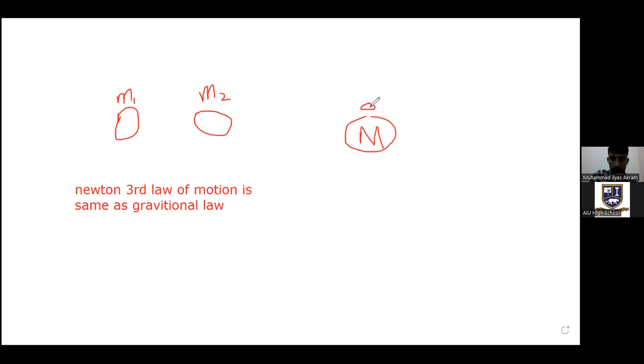The Earth will attract this object, and the object will attract the Earth. So both are applying action and reaction on each other. That's why Newton's third law of motion is the same as the gravitational law.